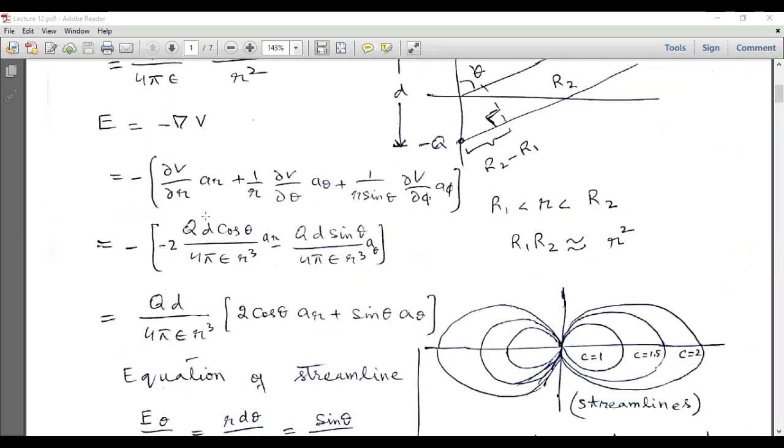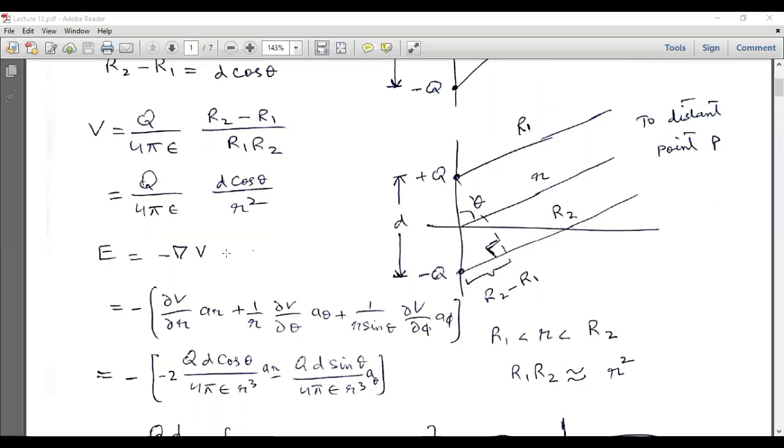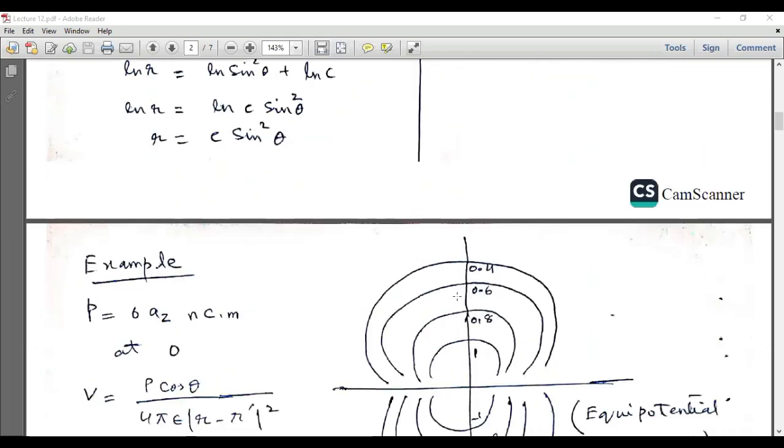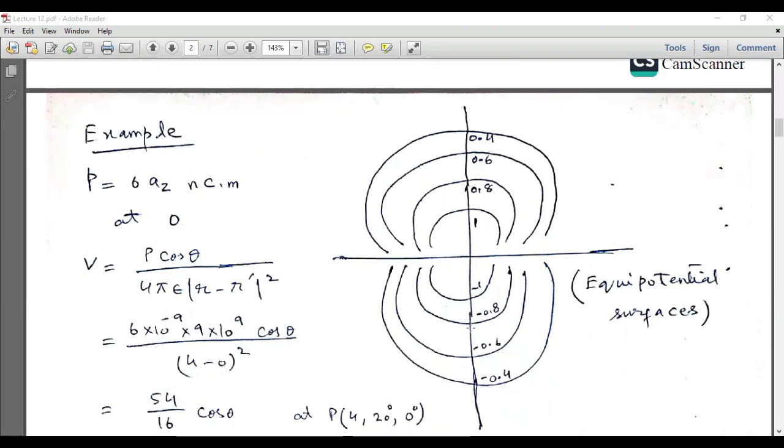Because potential is inversely proportional to the square of the distance. So when we increase r, the potential will decrease. So here again, this thing is observed. So when we go on increasing r, the value of potential is decreasing in the negative direction over here because theta is 180 degrees, and here theta is 0 degrees, so it goes on increasing in the positive direction.